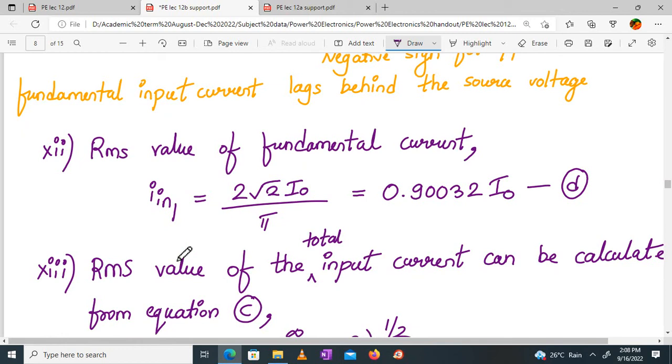Or irrespective of any value, I mean this will be 90% of I naught always. This next component is slightly confusing. I will try to explain it, but let's try start. इधर तक समझ गया? ये D point equation number D.